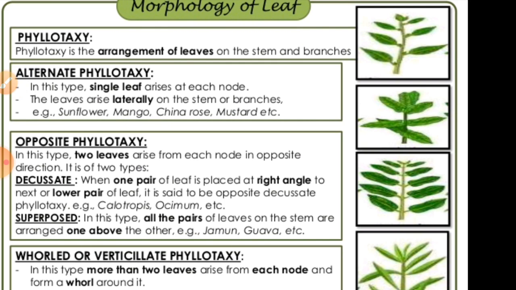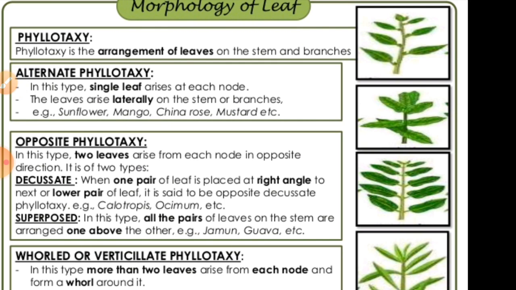On the other hand, the second type of phyllotaxy is called opposite phyllotaxy. As the word says, opposite, a pair of leaves arises at each node, opposite to each other.